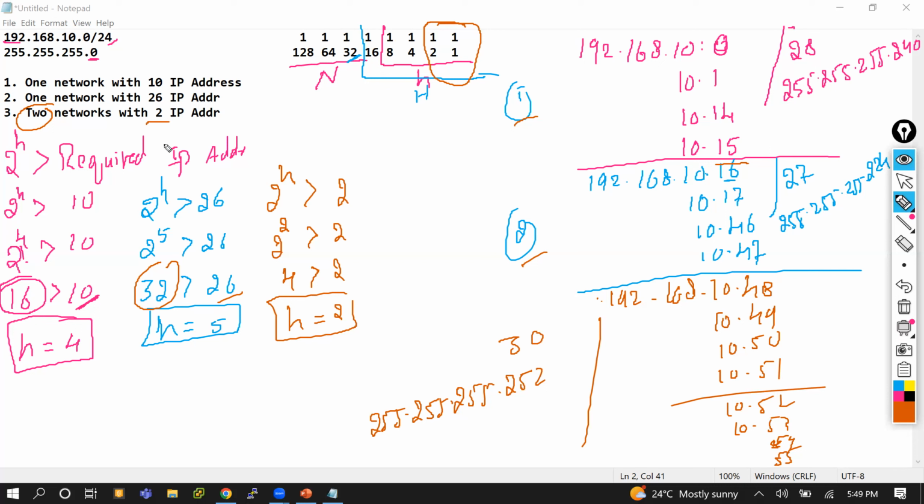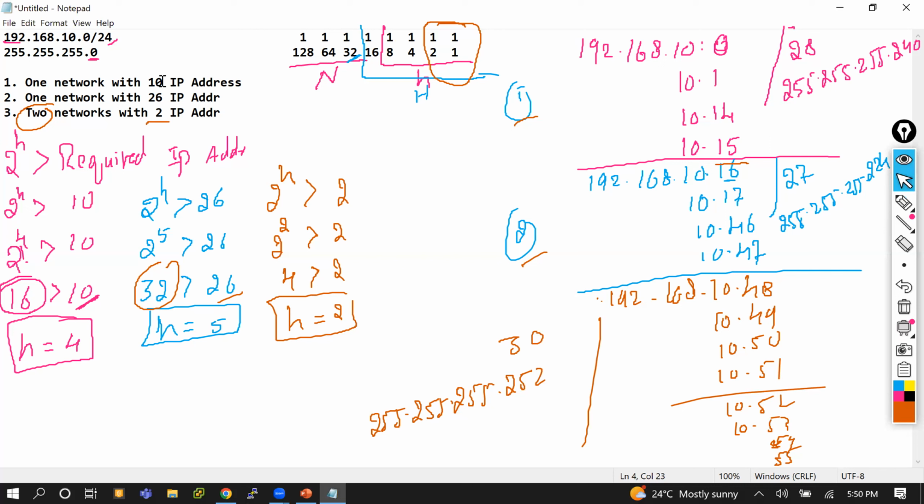You go anywhere in the production network, everywhere we use VLSM, not FLSM, because in FLSM we have more wastage of IP addresses. Got it? So write this down. I'm changing the problem here.